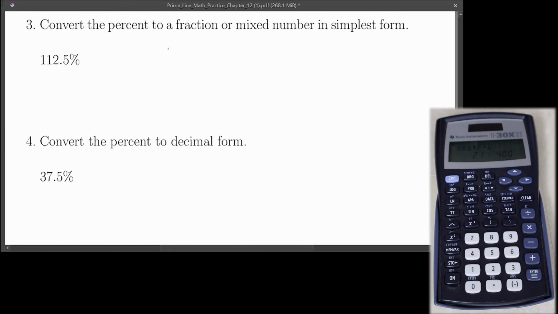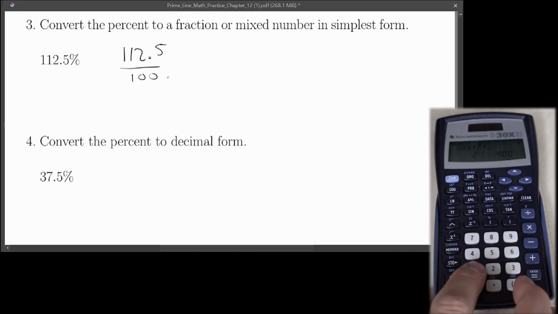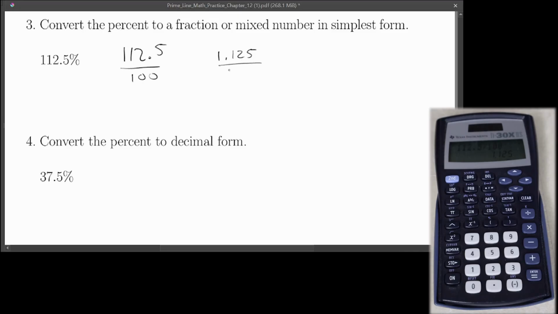Number 3, converting the percent to a mixed number. So we've got 112.5 over 100. So 112.5 divided by 100 gives us 1.125, and we can write that over our tenths, hundredths, thousandths.